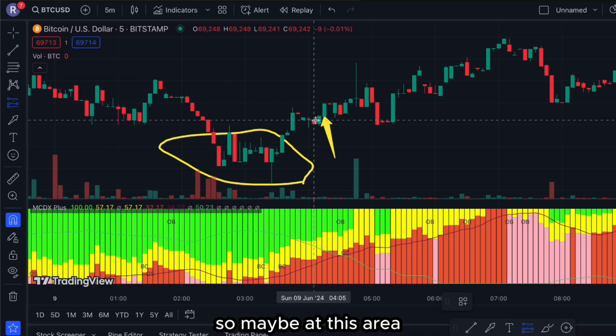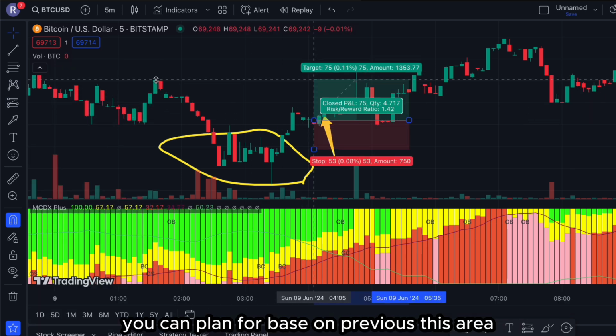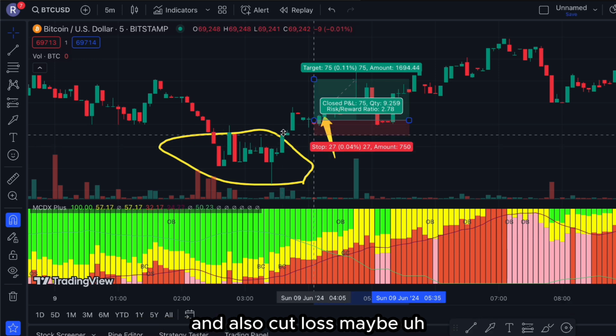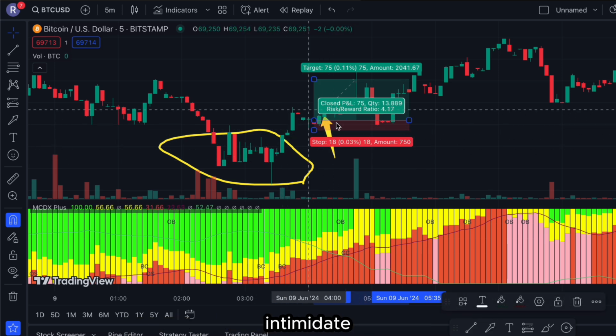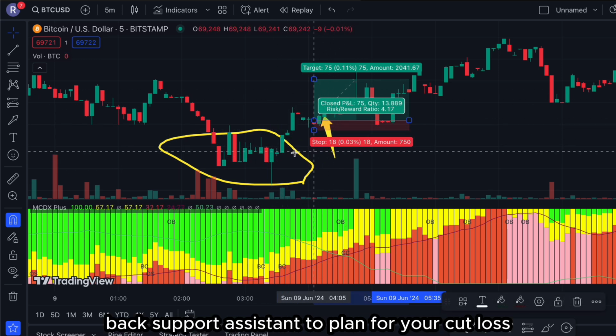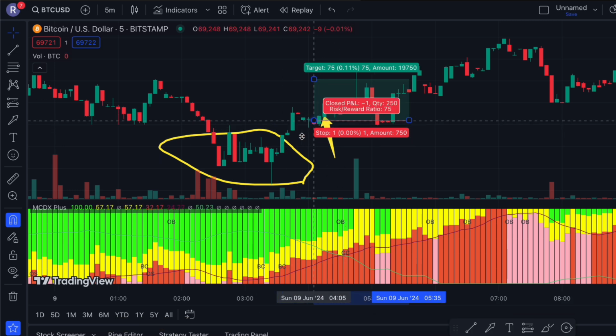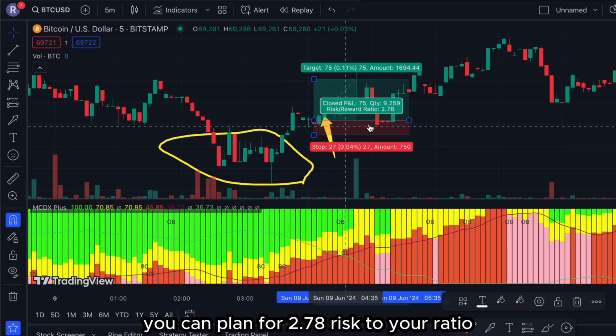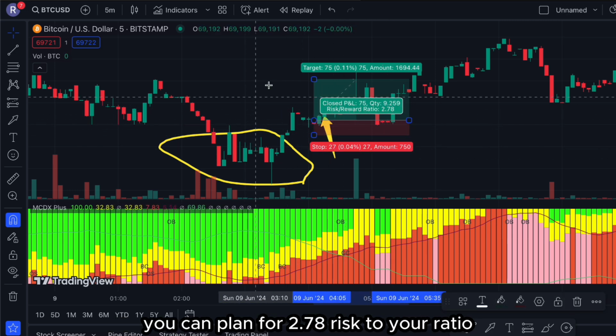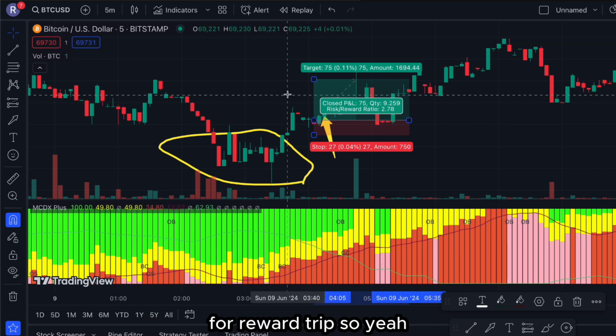So maybe at this area you can plan based on the previous area, and also cut loss maybe intermediate back support and resistance to plan your cut loss. Or if you want to plan a lower cut loss, you can plan for a 2.78 risk reward ratio for a reward trade.